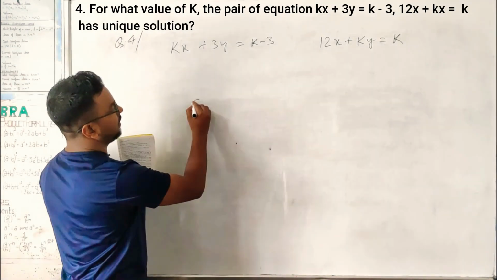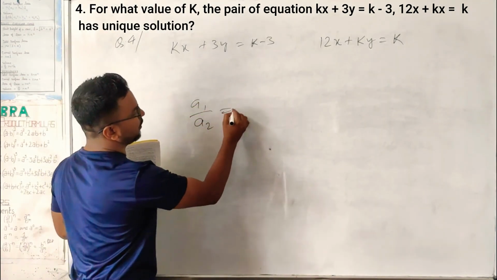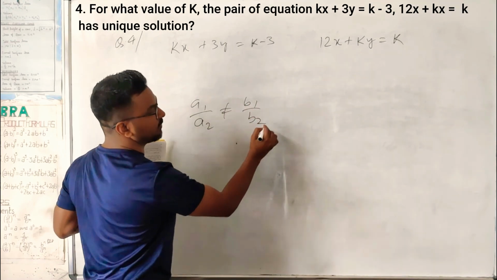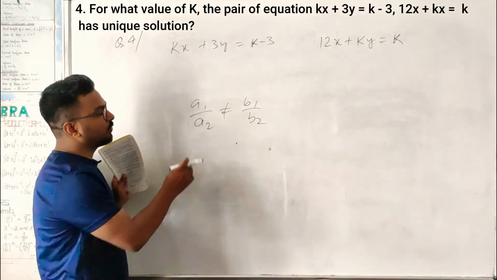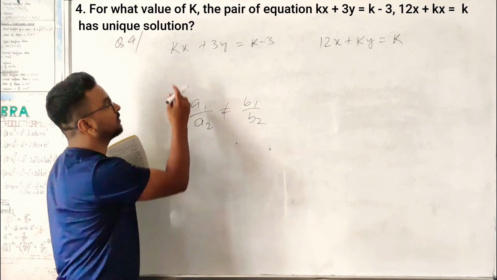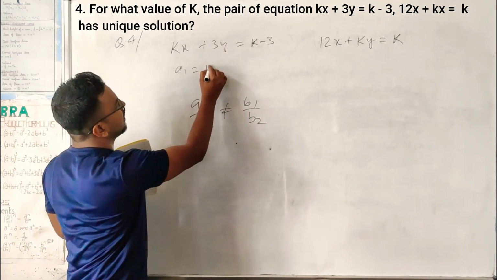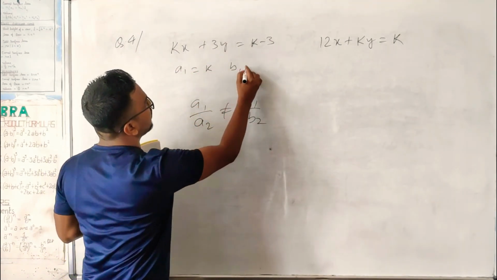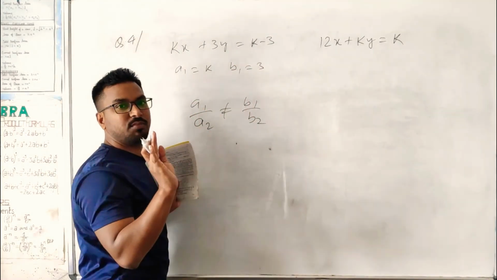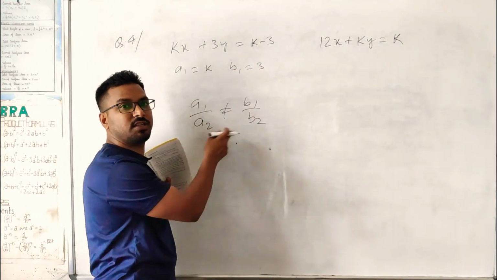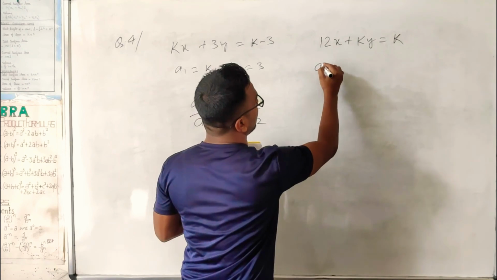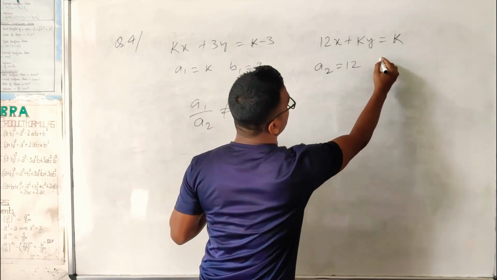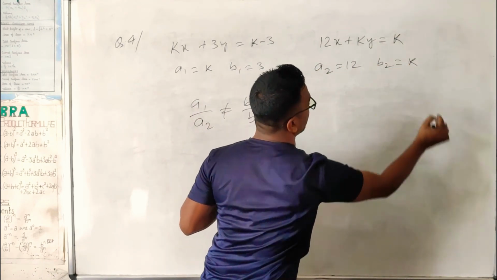That is a1 by a2 not equals to b1 by b2, isn't it? So first we have to find a1, a2. Here a1 is k, b1 is 3. You don't have to find c because we are not going to use it in this formula. Here a2 is 12 and b2 is k.